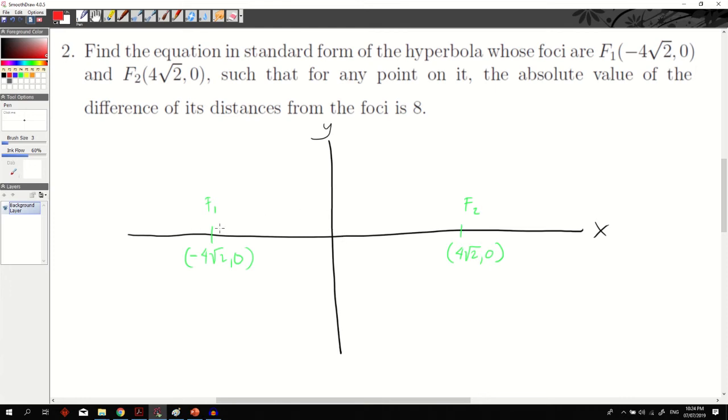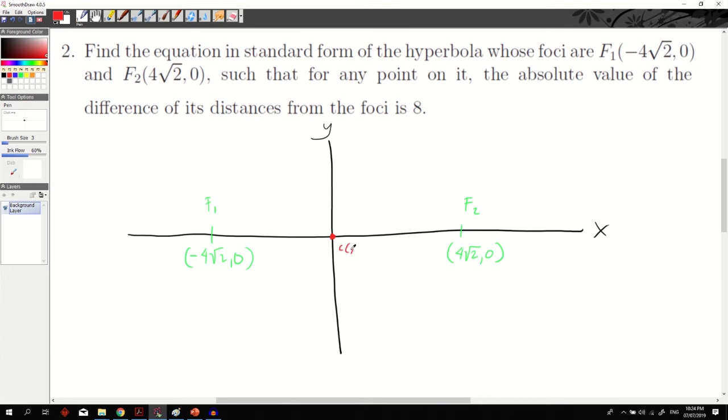So the center should be, as you can see here, 4 square root of 2 and this is -4 square root of 2. So if we add them up and divide by 2, it should still be here. Okay, so this should be the center.